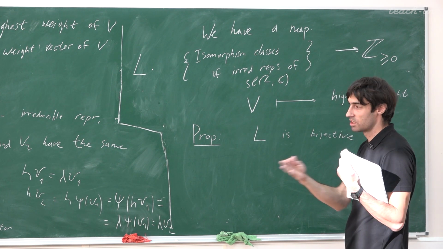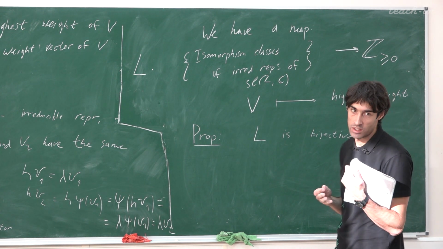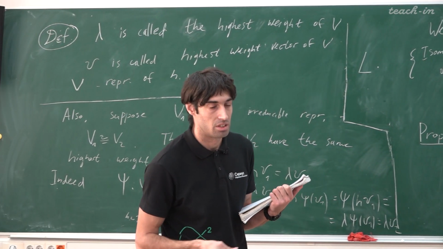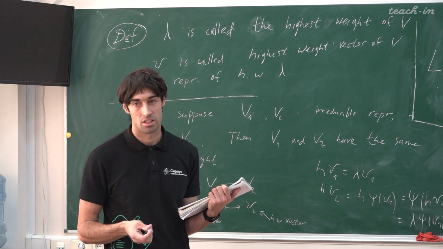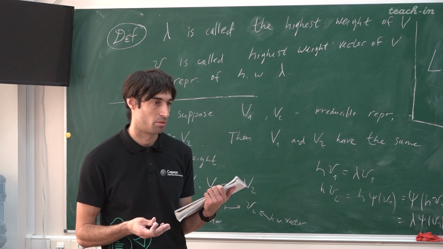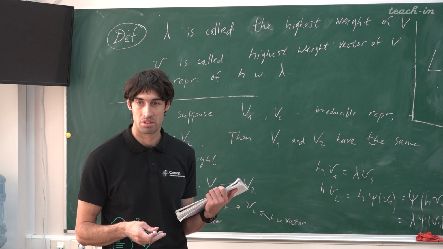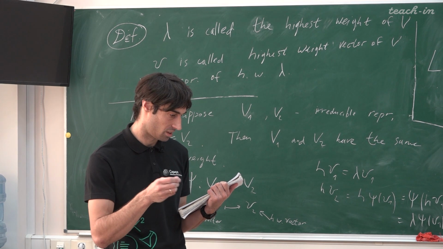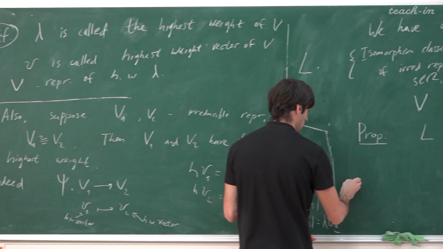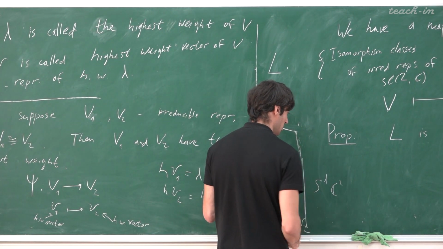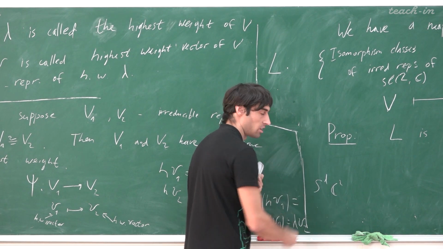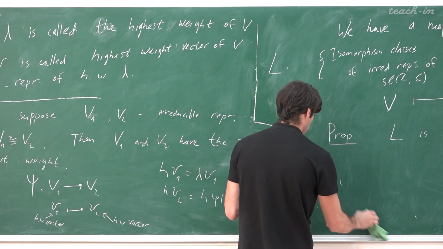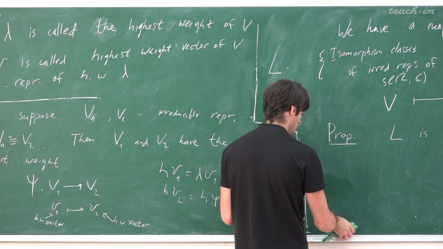But we will just give an example, and I'll give it to you as an exercise for the next seminar. The answer is the symmetric power of C^2: S^lambda of C^2 is an irreducible representation of highest weight lambda. But more about that next time then.